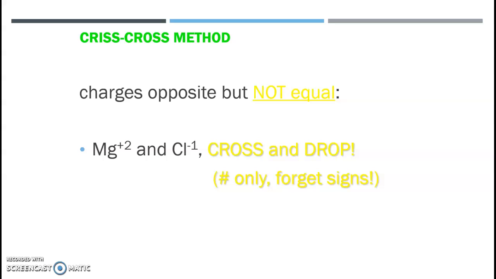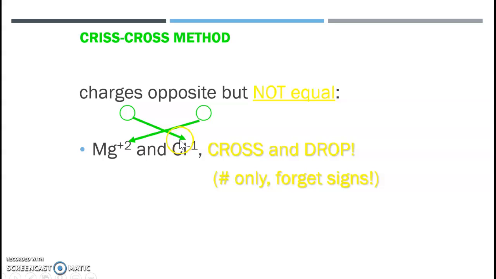Okay, so here's crisscross. When you are using crisscross, it's when they don't automatically equal each other. All right, so here's a great example. Magnesium plus 2, chloride minus 1, cross and drop. What that means, guys, is we cross and drop.